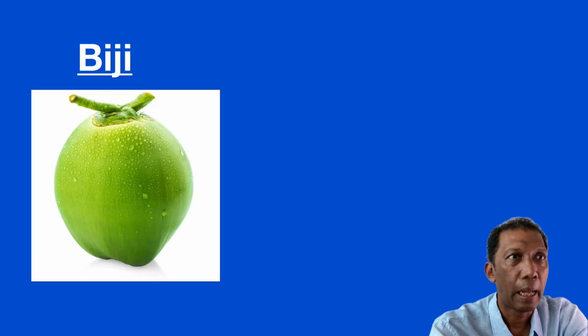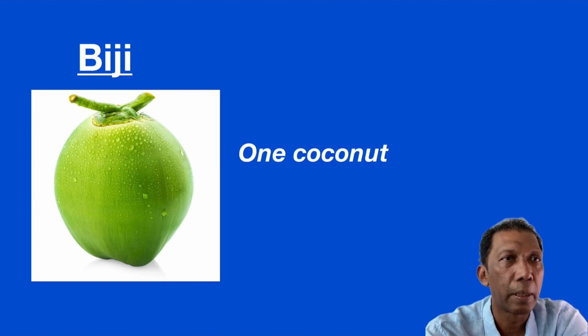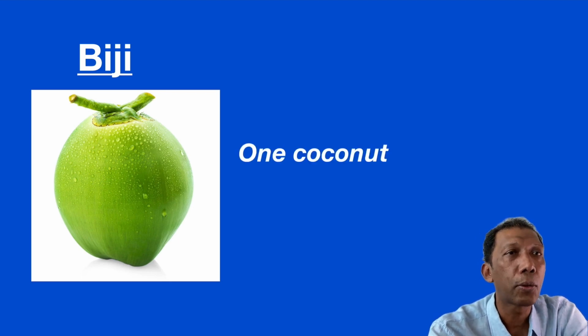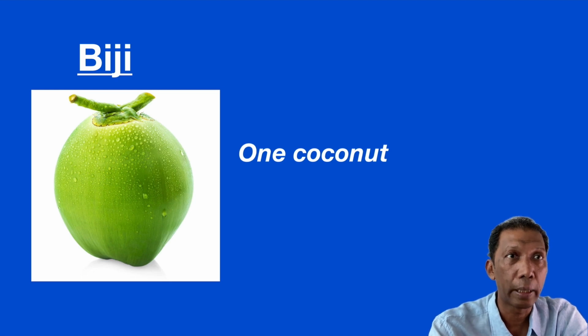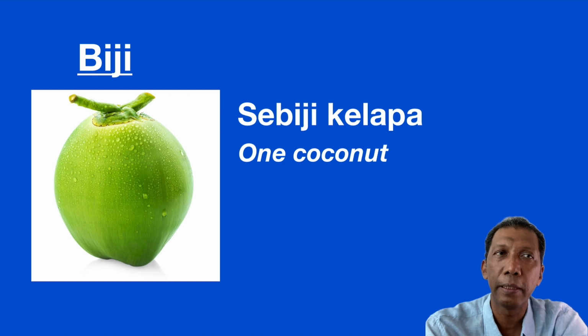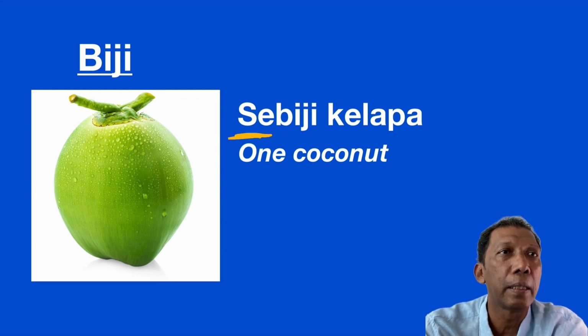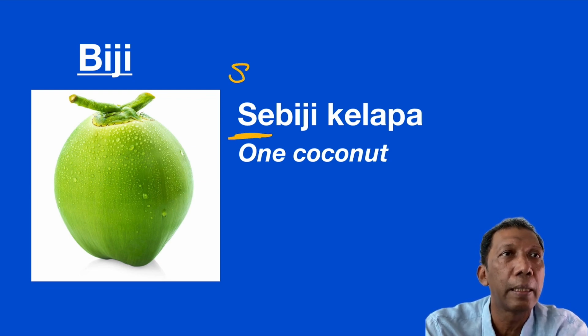How about this one? Nice coconut, great for the hot summer afternoons. 1 coconut. In English, it's 1 coconut, but in Malay we say it a bit differently. We say sebiji kelapa.